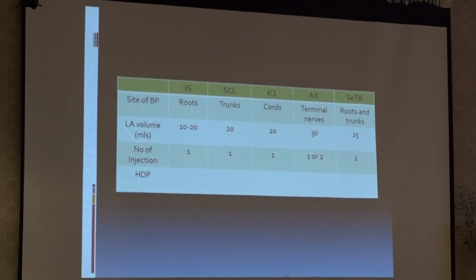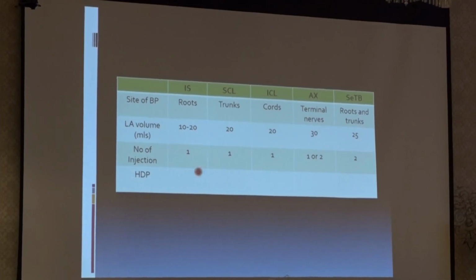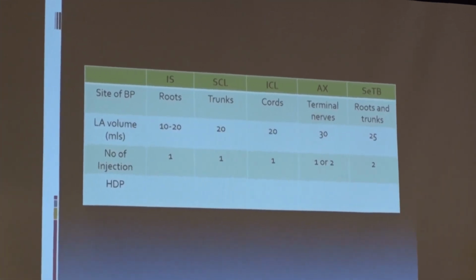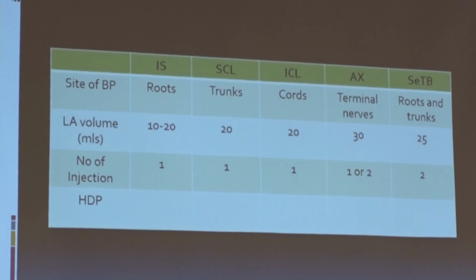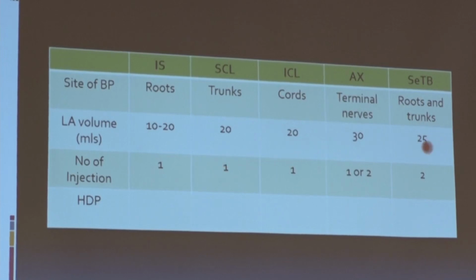Usually we inject 7 mils at the superior trunk, 8 mils at the middle trunk, and 10 mils at the inferior trunk. So the hybrid techniques, for example UGSCIS, will need at least 30 to 40 mils of LA compared to SATB, which only needs 25 mils.